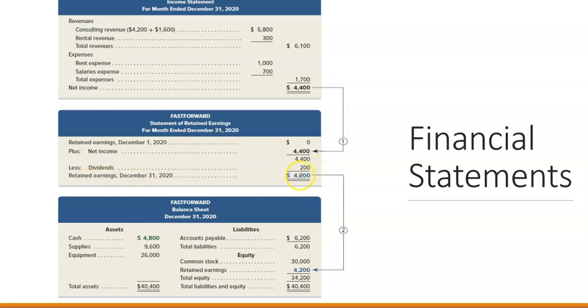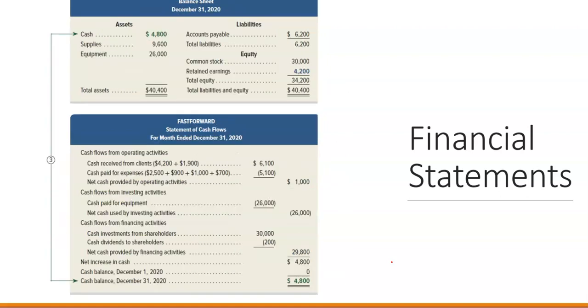We have ending retained earnings of $4,200. And then our balance sheet, which is a listing of all of our assets, liabilities, and equity, shows that assets equal liabilities plus equity. We are going to make financial statements in Excel in a next video.